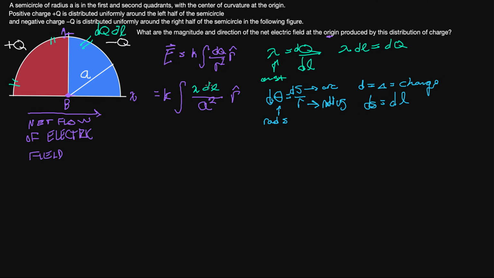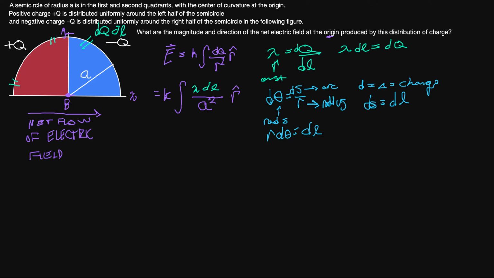And then if we wanted this dl, I can just go r d theta equals dl, right? And so now I can sub that into this equation, and that'll help me because that means I can use angles as my bounds.